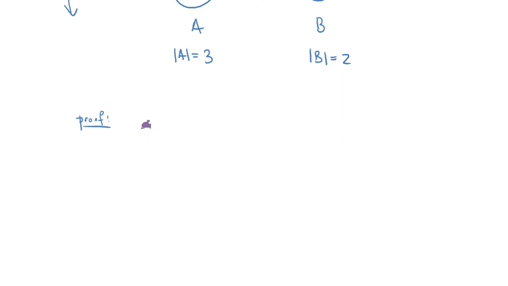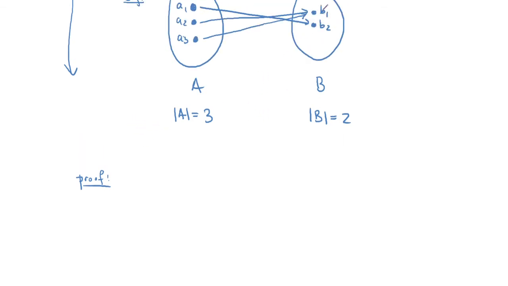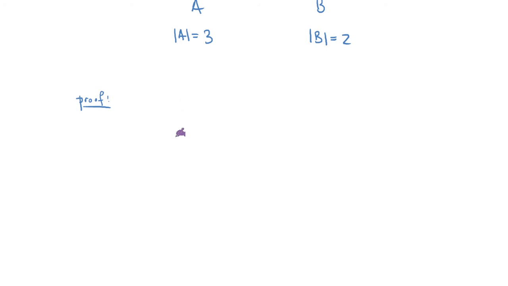The proof effectively says, treat these elements of the codomain as bins. Let's write this out.